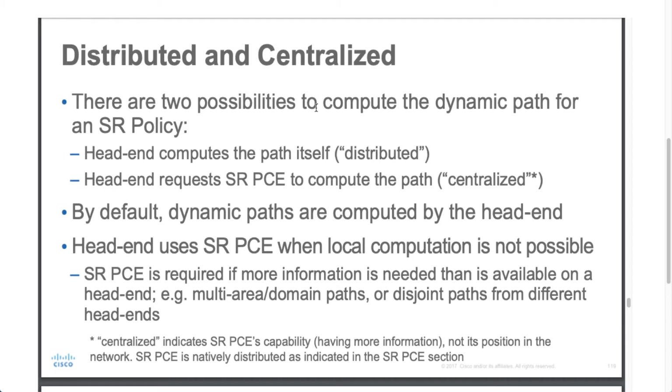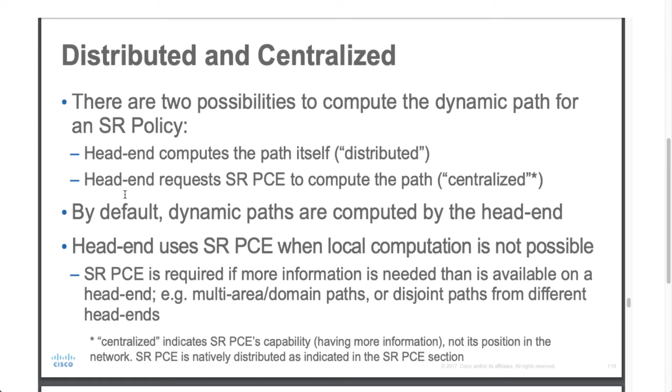There are two possibilities to compute the dynamic path for an SR policy. In the first case, the head end computes the path itself, and that's what we have been primarily doing in the past hands-on, where our head-end node, also called PCC, was computing the path itself. This is called the distributed model. The other type is called centralized.